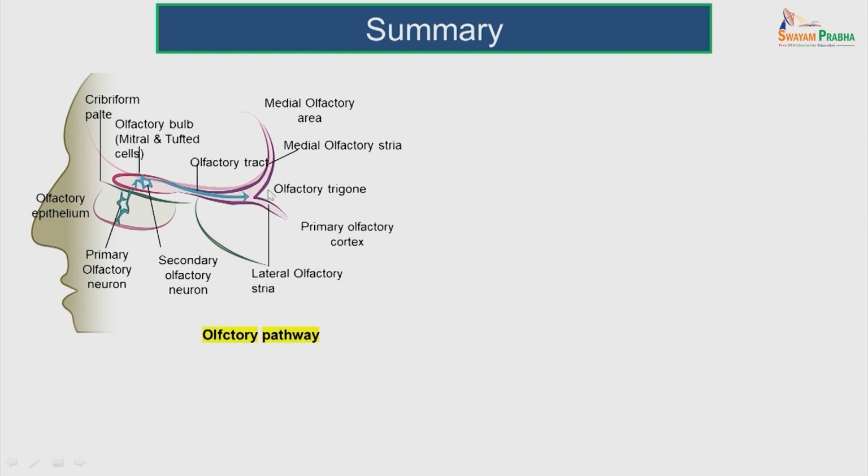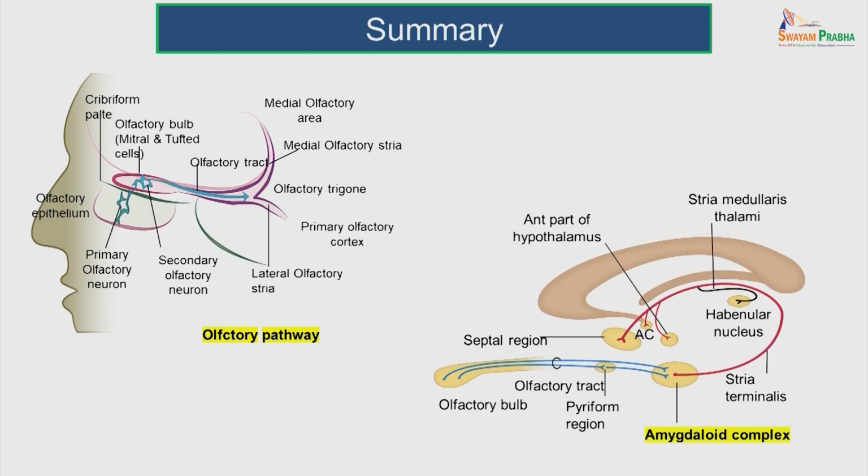This area where it is dividing is called the olfactory trigone. The medial stria goes to the medial olfactory area and the lateral goes to the primary olfactory cortex. And this is the only sensory pathway that does not relay in the thalamus.